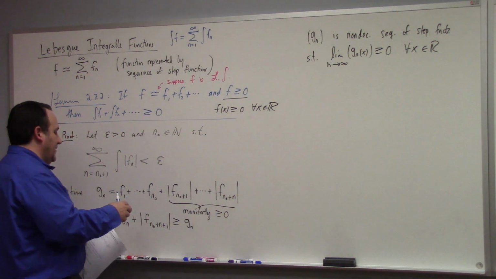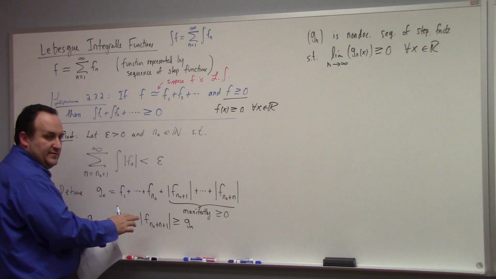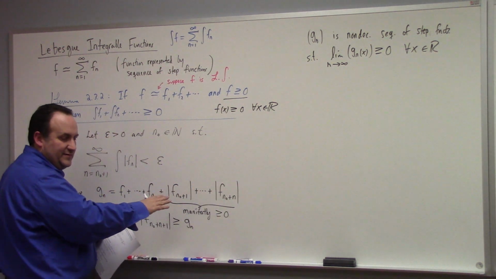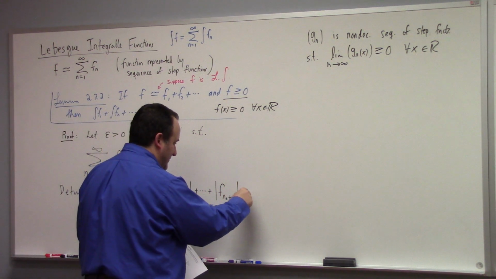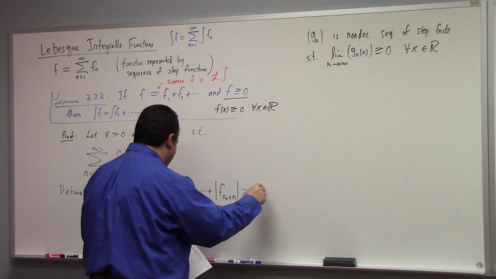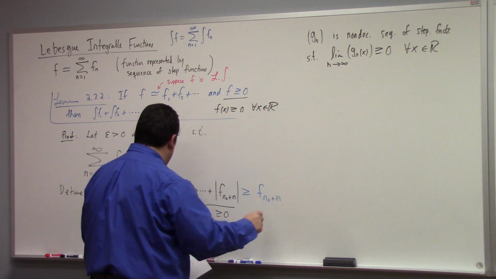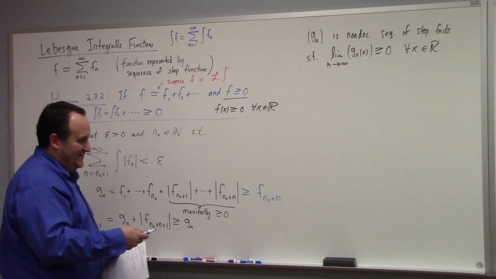We know that the sum of these is greater than 0, and then we're adding together these, which are manifestly non-negative. So my larger point is just this. This is greater than or equal to Fn. Well, Fn not plus n, yeah?